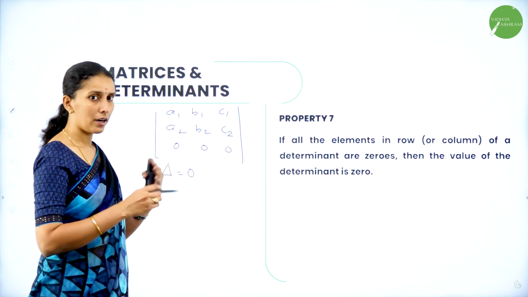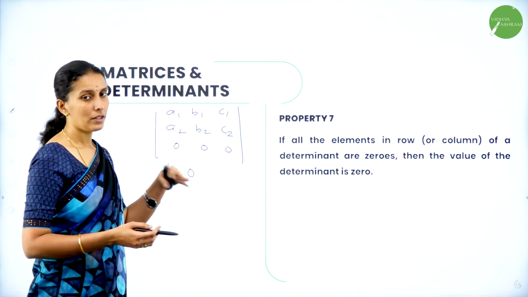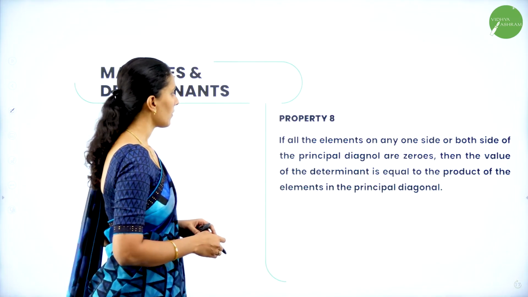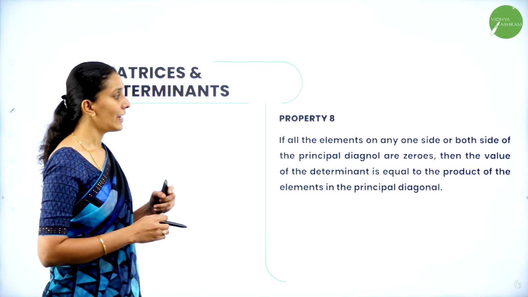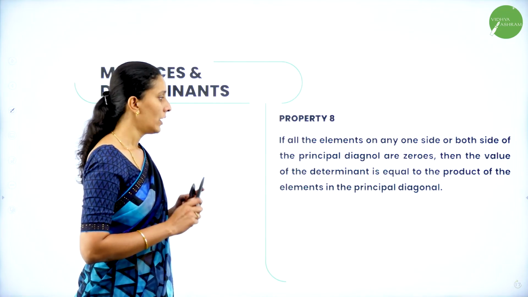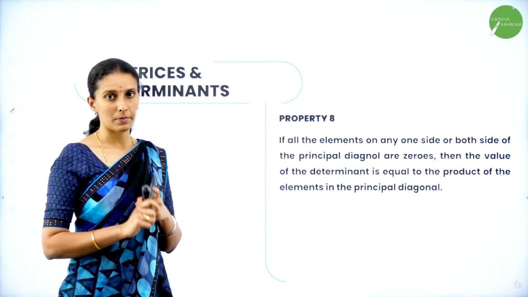So if I take the third column in the form of plus, minus, plus, and write any other element, the value itself becomes 0. Next, if all the elements on any one side or both sides of the principal diagonal are 0, then the value of the determinant is equal to the product of the elements in the principal diagonal.